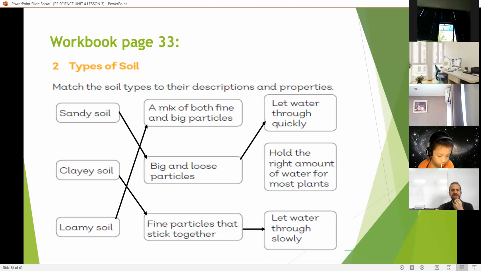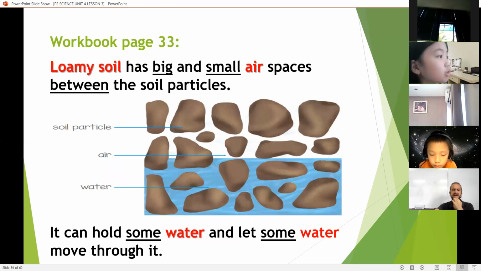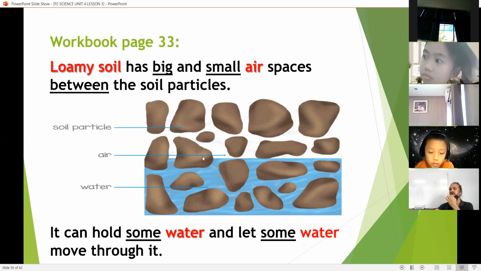So loamy soil is a mix of both fine and thick particles. What about here? Do we choose 1, 2, or 3? 2. It can hold some water and let some water move through it.